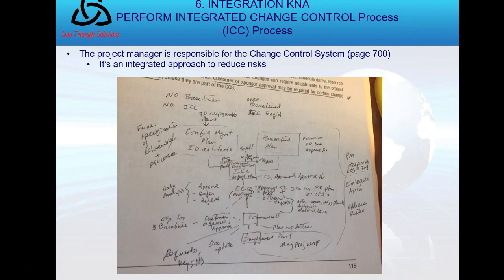Voting, we talked about unanimous, majority, plurality. Those can be involved. Once that happens, you want to communicate the change to everybody. Stakeholders want to know, especially for the three baselines: scope, schedule, and cost. To the customer, the sponsor, and all the stakeholders.